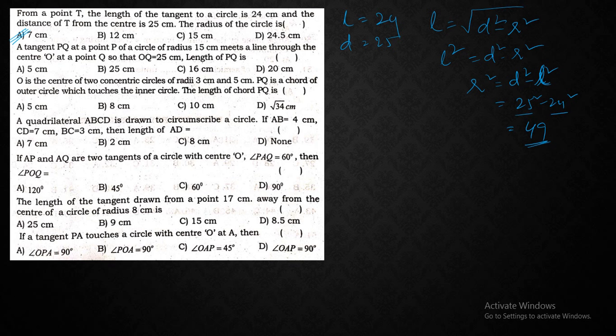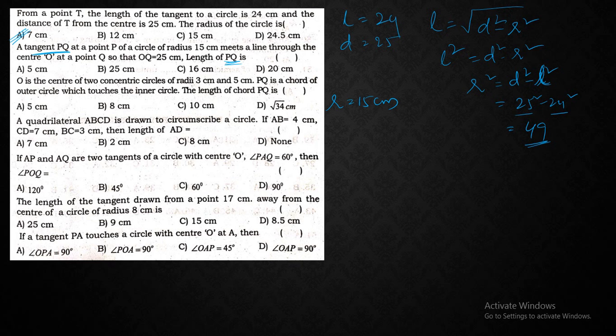Right, next what he has given: a tangent PQ at a point P of a circle of radius 15 centimeters meets a line through center O at point Q, so that OQ is equal to 25 centimeters. Then what is the length of PQ? Here PQ is a tangent, right?